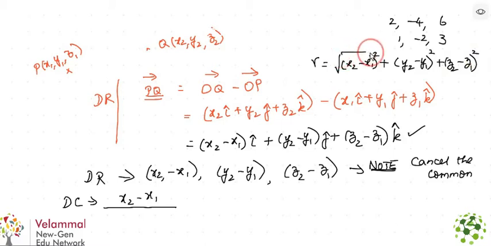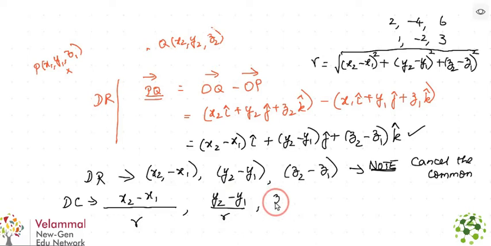If I divide by this, I will get the unit vector along PQ. So direction cosine will be (x2 minus x1) by r, comma, (y2 minus y1) by r, comma, (z2 minus z1) divided by r.